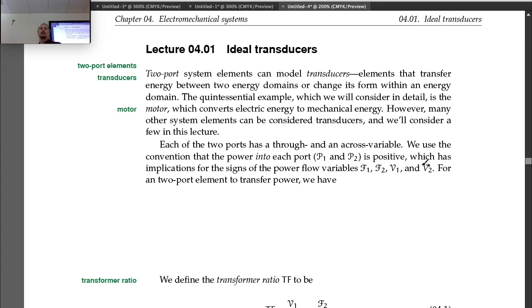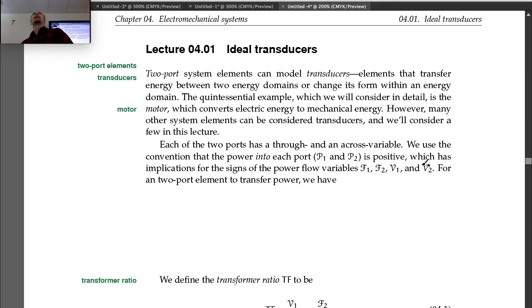Ideal transducers. We've thus far been discussing mostly one-port elements of electronic systems, mechanical systems, and mechanical translational and rotational systems.